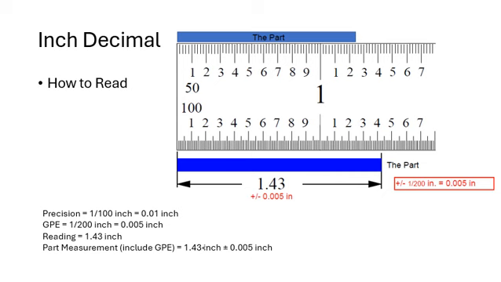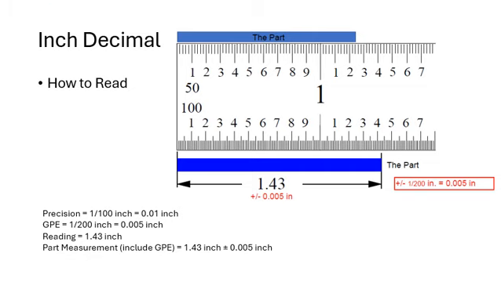So you get your reading plus or minus the greatest possible error, 0.005 inch. So the true value of this part would be in that range. This is not the true value, this is your measurement value. The true value is going to be in that range.